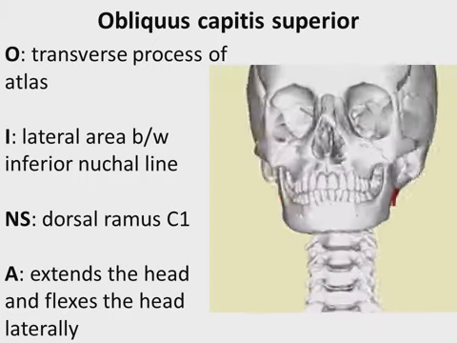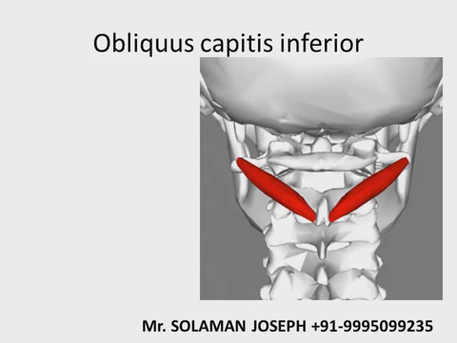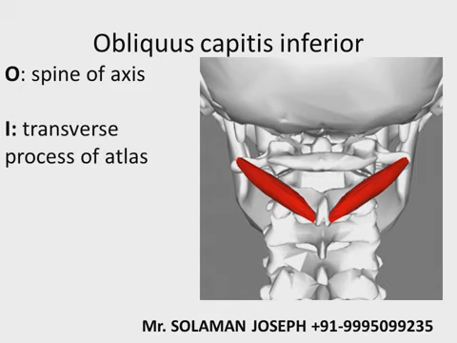Another muscle is called the obliquus capitis inferior muscle. Here we can see the obliquus capitis inferior muscle, which originates from the spine of the axis vertebra, the second cervical vertebra, and is inserted to the transverse process of the atlas vertebra.